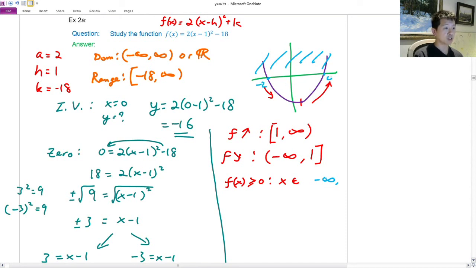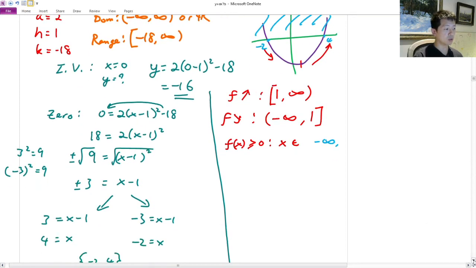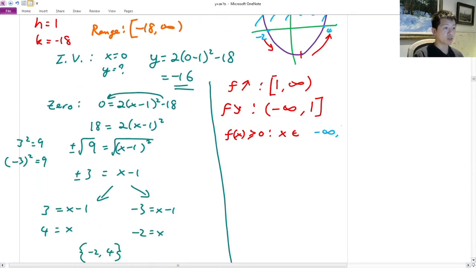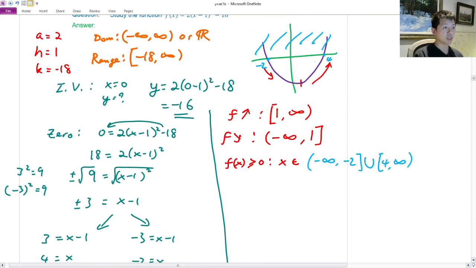And then here is actually 4. So those are my two 0s, minus 2 and 4. So I have minus infinity to minus 2, inclusive, excluding minus infinity, union from 4 to infinity. So this is basically everything on top of the x-axis.